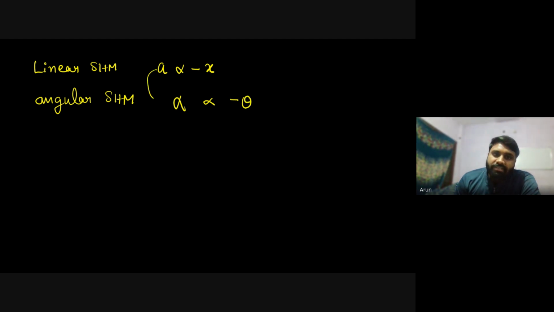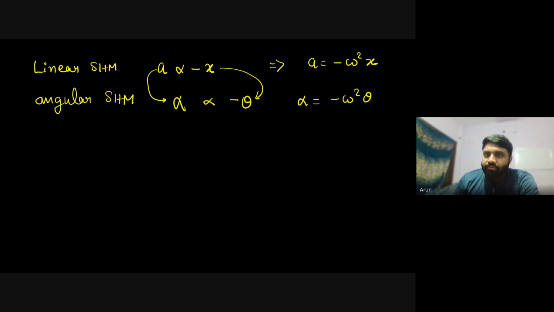So A will be changed by alpha, X will be changed by theta. That condition we should follow. If you take linear SHM further, it will become minus omega square into X. Here also alpha will become minus omega square into theta. So the value which is written in multiplication of theta will be considered as omega.